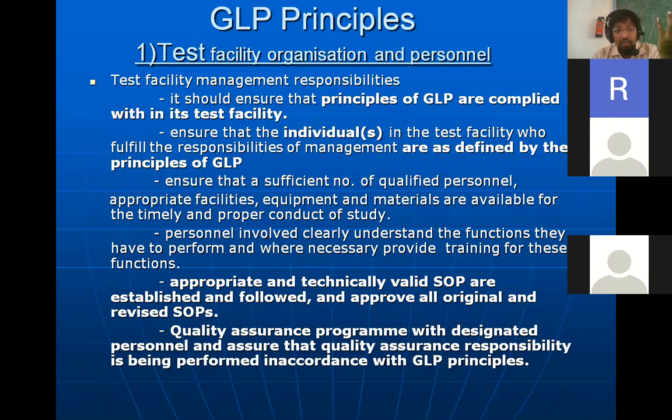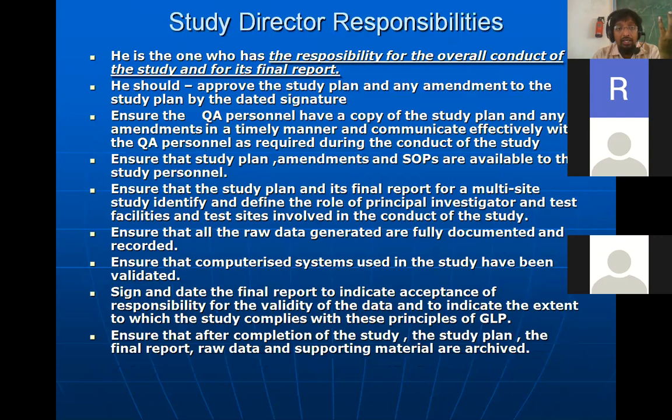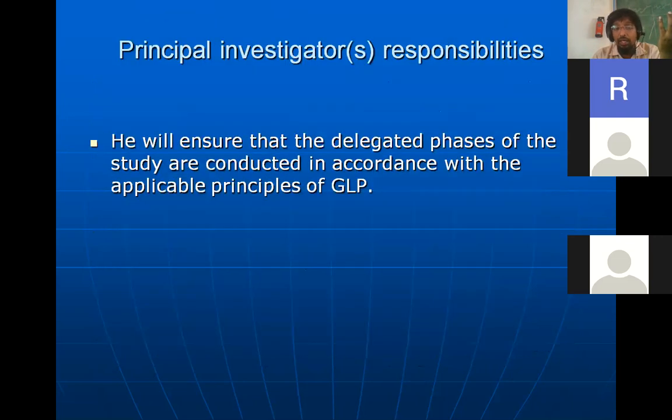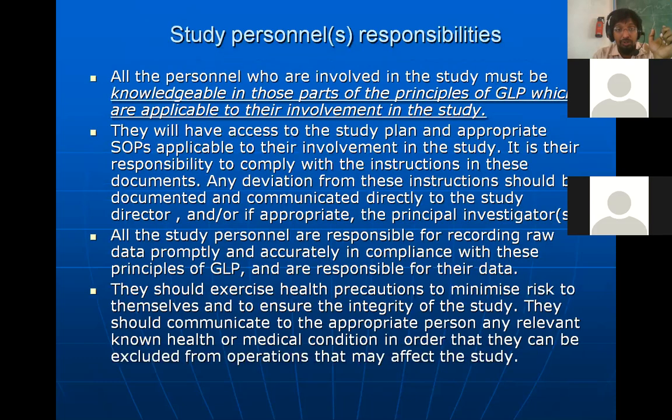Test facilities, organization, persons, how all these things are happening, we have already seen. Test facility management responsibilities, what set of responsibilities should be followed. The principal investigator, what are his responsibilities? Basically, he will ensure that the delegated phases of the study are conducted in accordance with the applicable principles of GLP, right?